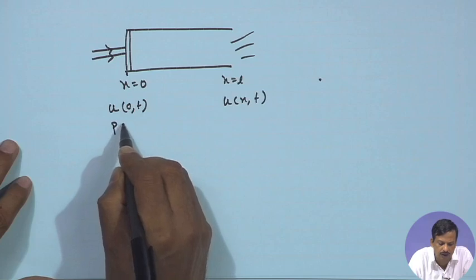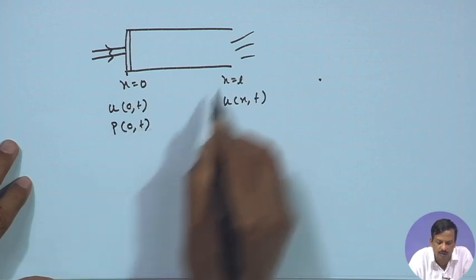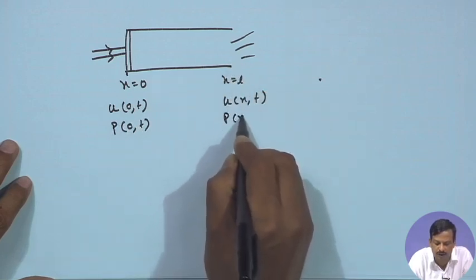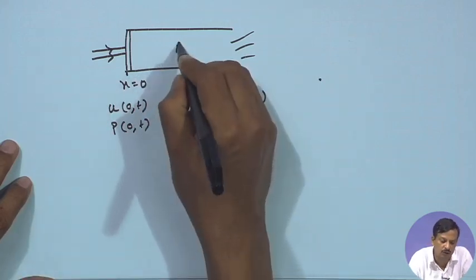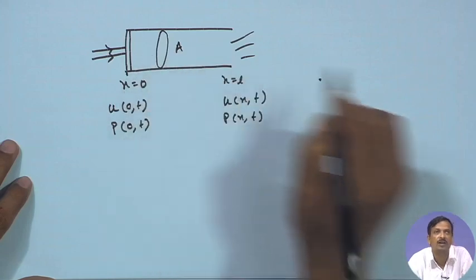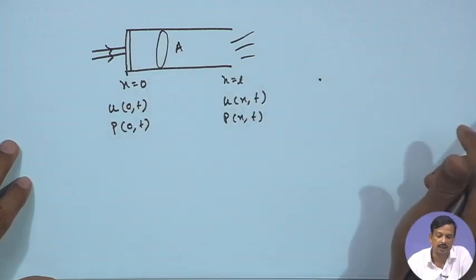Pressure at this point is P 0 t, pressure here is P x t, and the cross sectional area of the tube is A.